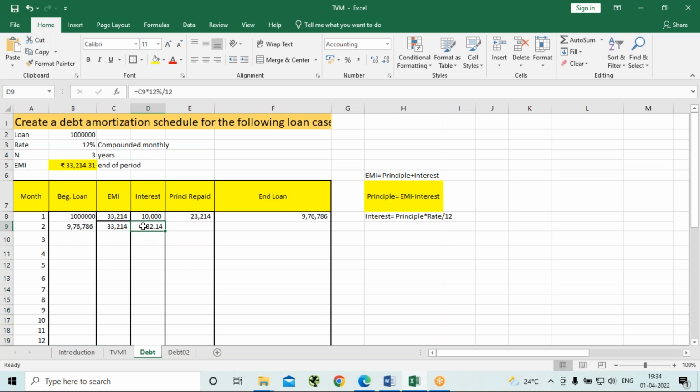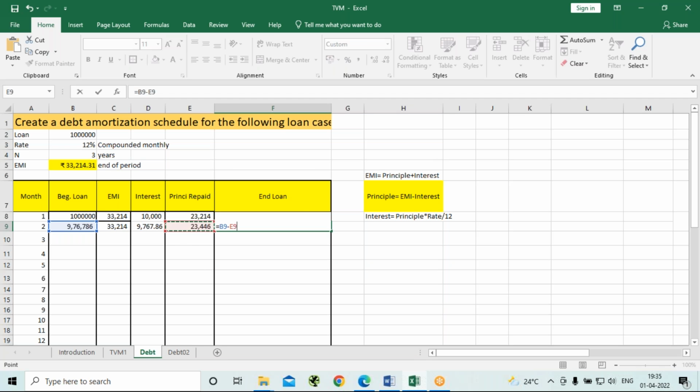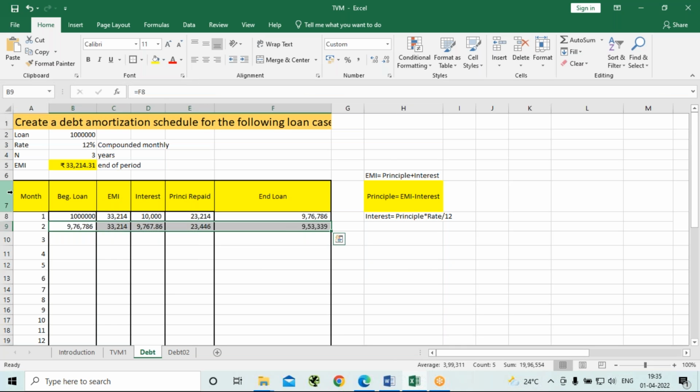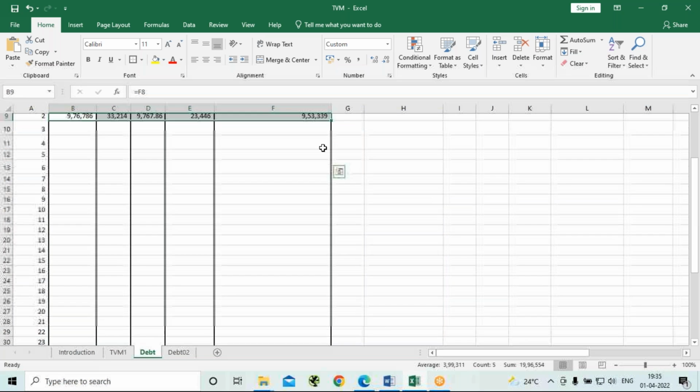Oh, sorry, equals to the beginning into 12% divided by 12, equals, minus, equals, minus, minus. Okay, so let me select only this row value and drag it.